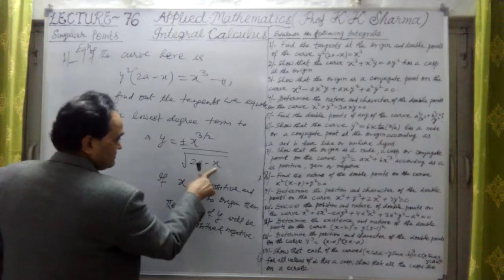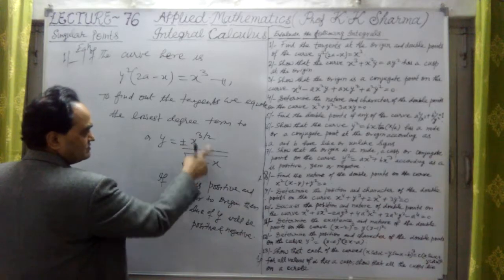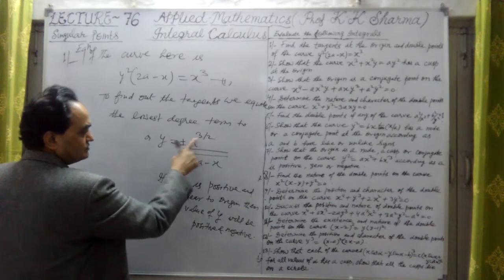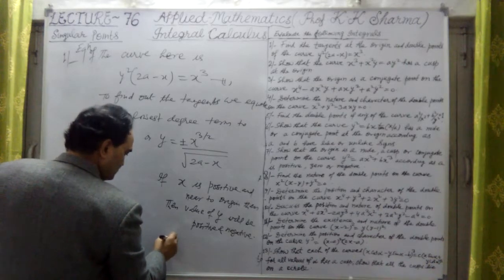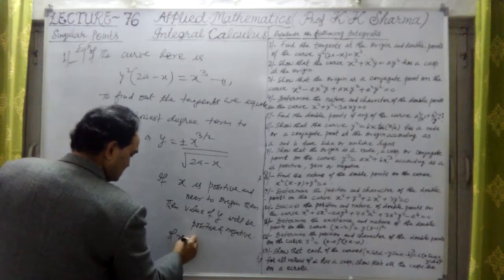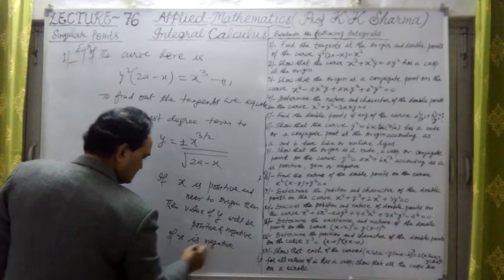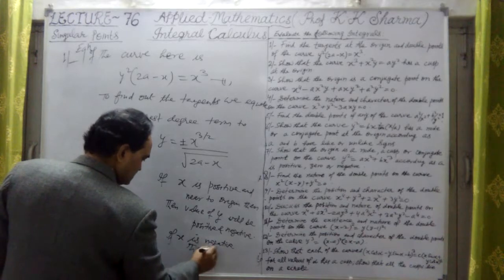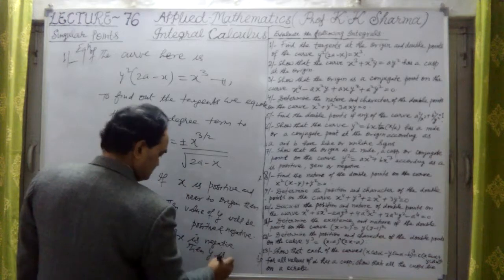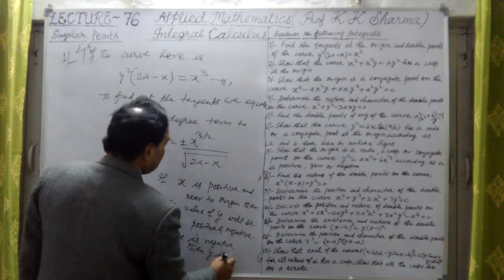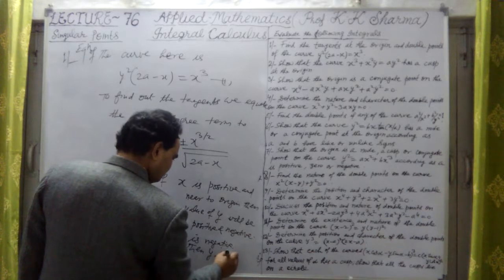But if x is negative, then its value is imaginary, because the square root cannot be calculated. If x is negative, then y is imaginary, because it's plus minus.